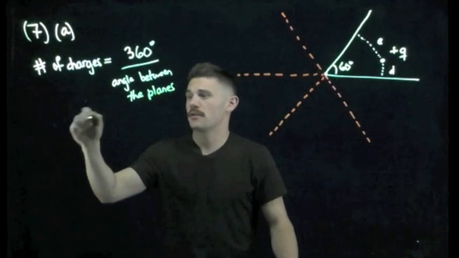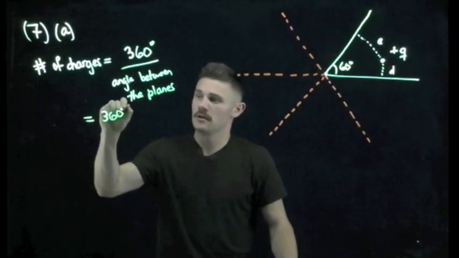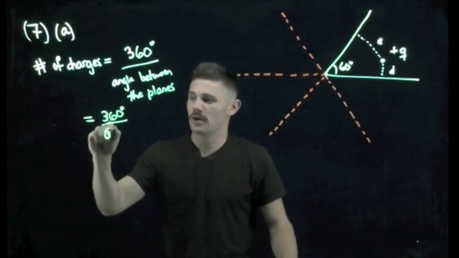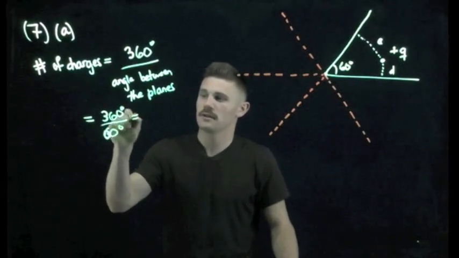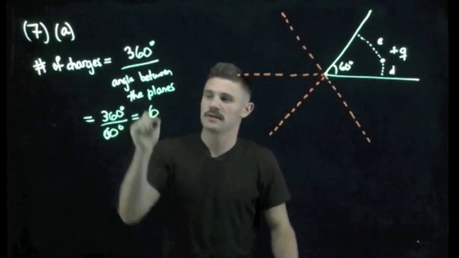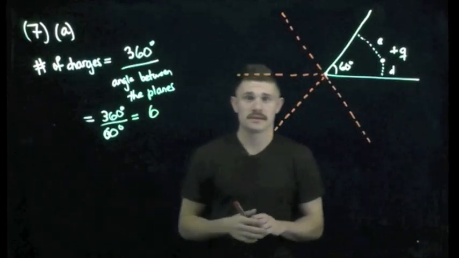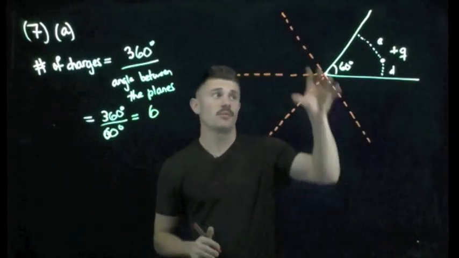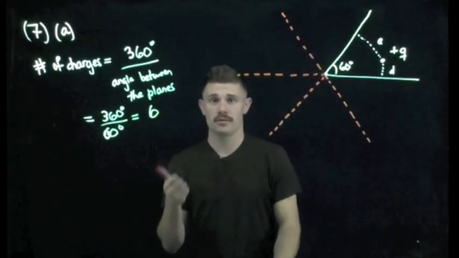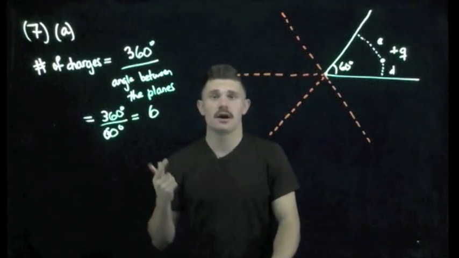So in this case, 360 degrees divided by 60 degrees is equal to 6. So the total number of charges present in our configuration, both image charges and the real charge, is 6.